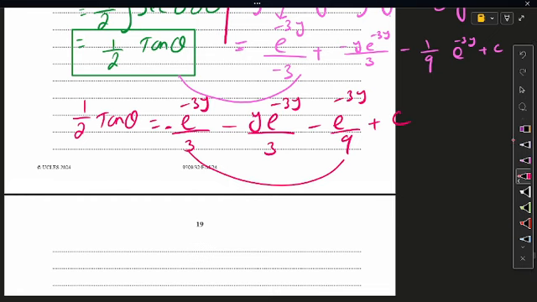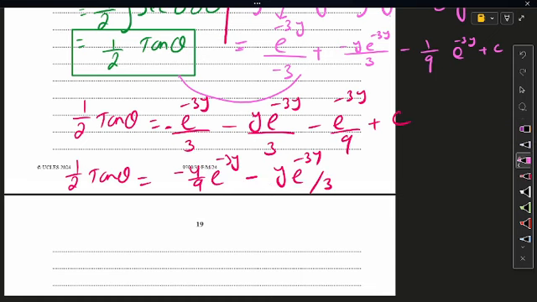So I can write 1 by 2 tangent of theta, which is equal to minus 4 by 9 e raised to the power minus 3y minus y times e raised to the power minus 3y by 3. I did nothing, just made a group of these terms together and solved it.